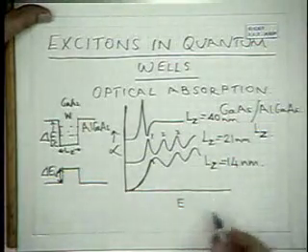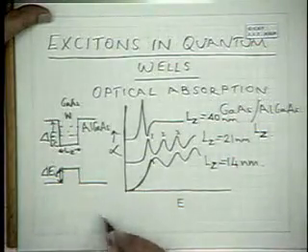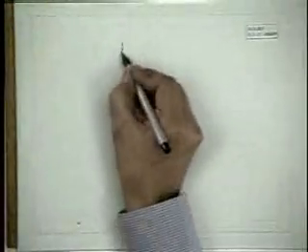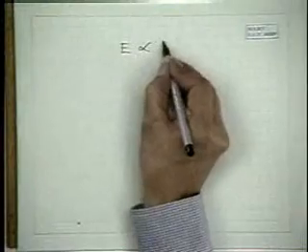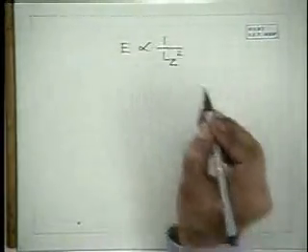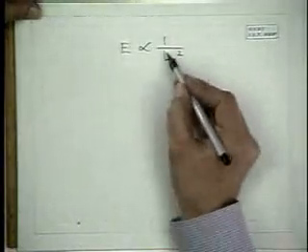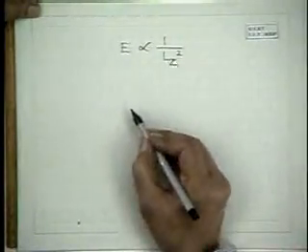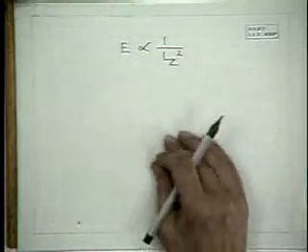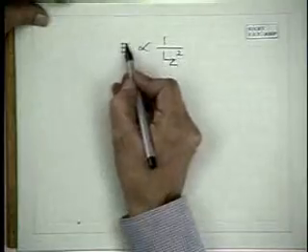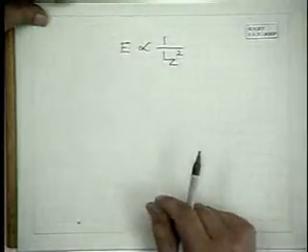And we find then that, as expected, E is inversely proportional to the well width Lz squared, as in the case of the Schrödinger formulation of an electron in a potential well.